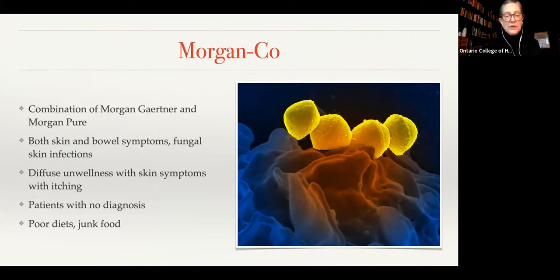There's a diffuse unwellness with skin symptoms and itching. Patients who have no diagnosis, but just this general state of being unwell, they have had a life of poor diet and junk food. If Morgan Gertner was indicated and didn't work, and Morgan Pure was indicated and didn't work, you might want to try Morgan Co.